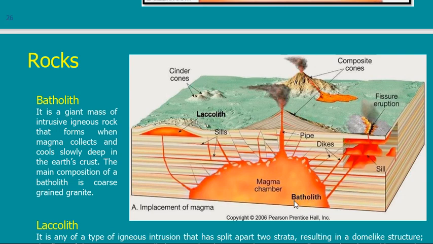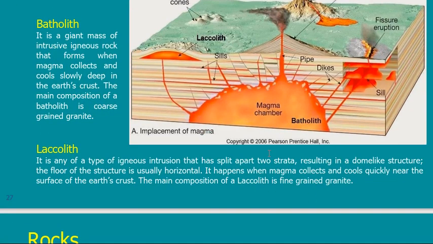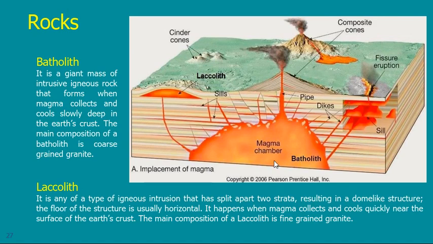So that's why, sometimes, I also advise you to add this figure to your list of terms because it combines many things together. So this is batholith, this is laccolith, this is the lava, this is the magma.